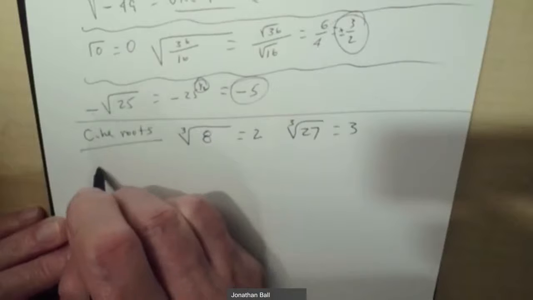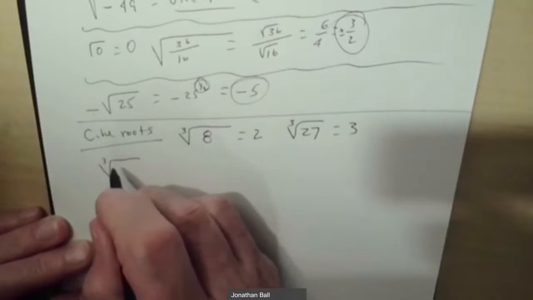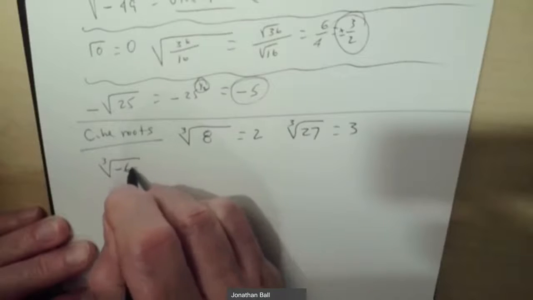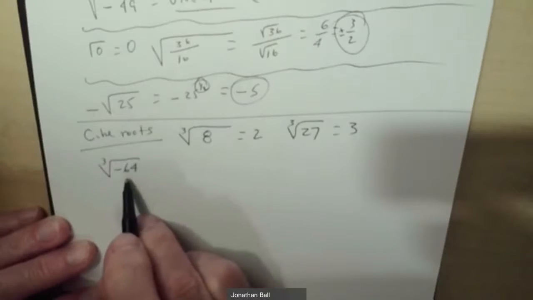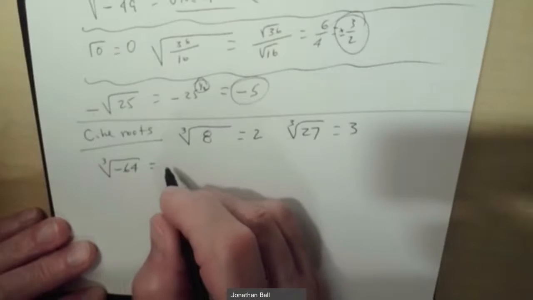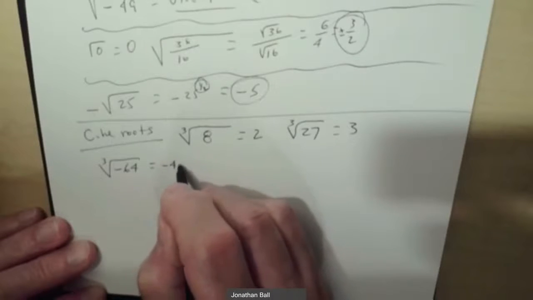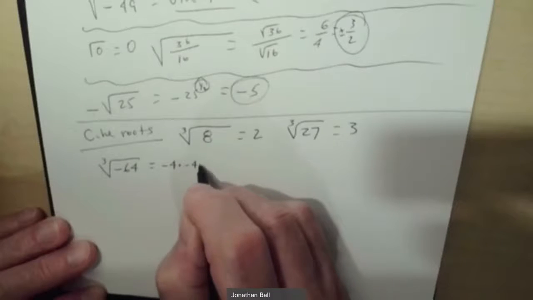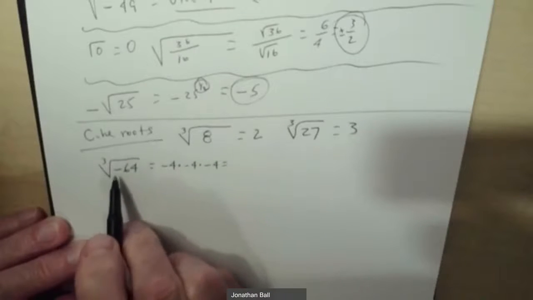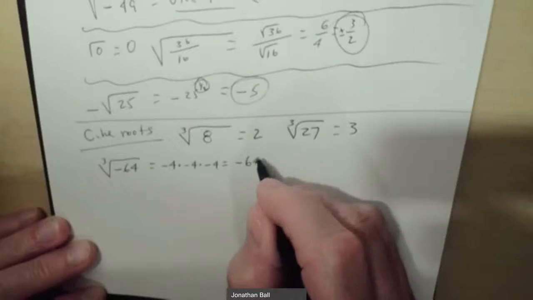Now, what if you have this? The cube root of negative 64. What number times itself is negative 64? Negative 4 times negative 4 times negative 4 is negative 64.